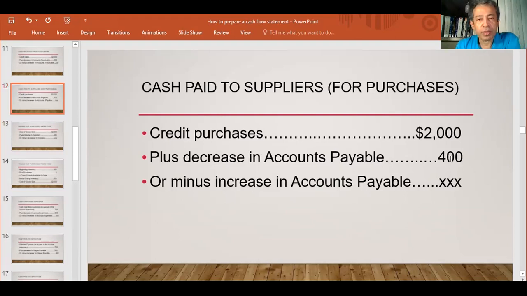So once you know your purchases, then you go back one slide, and then here you say, make your purchases to be whatever it is, $2,300 or $2,000, and then now add any decrease in accounts payable. So you can see we have three stations here. We have the cost of goods sold, and then purchases, and then payment.